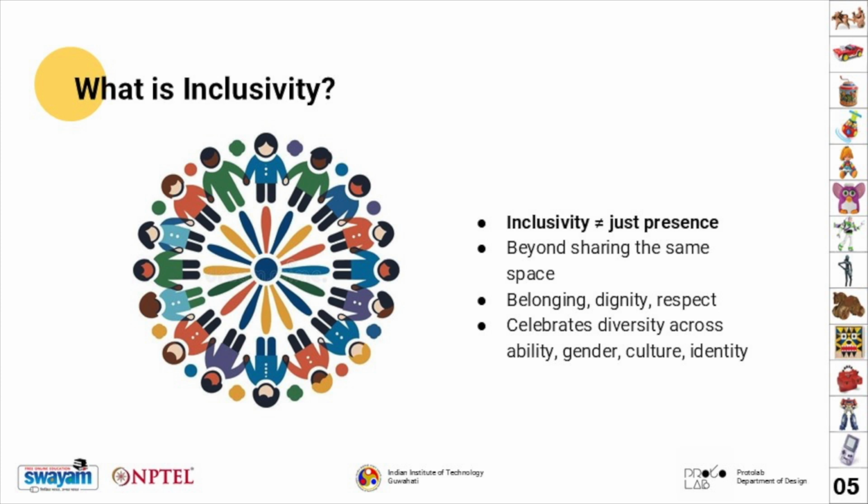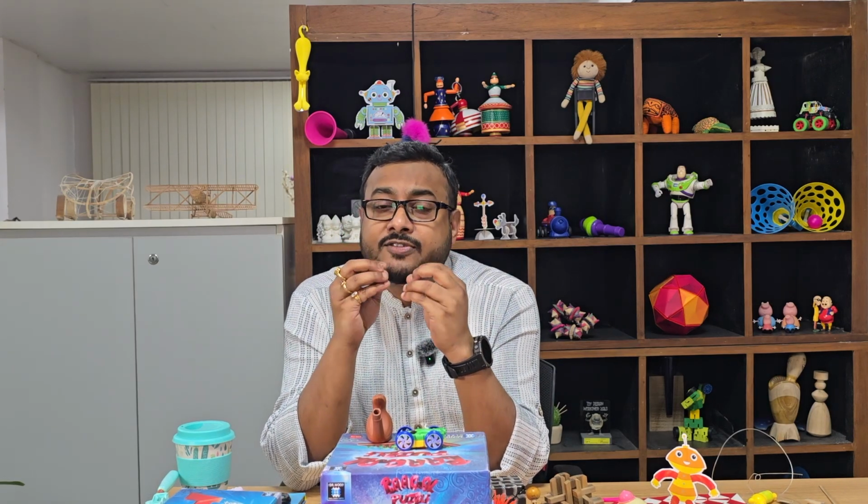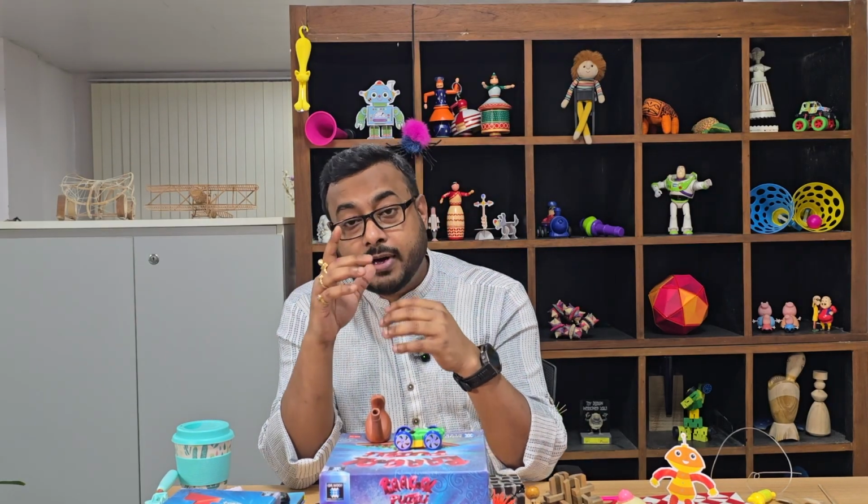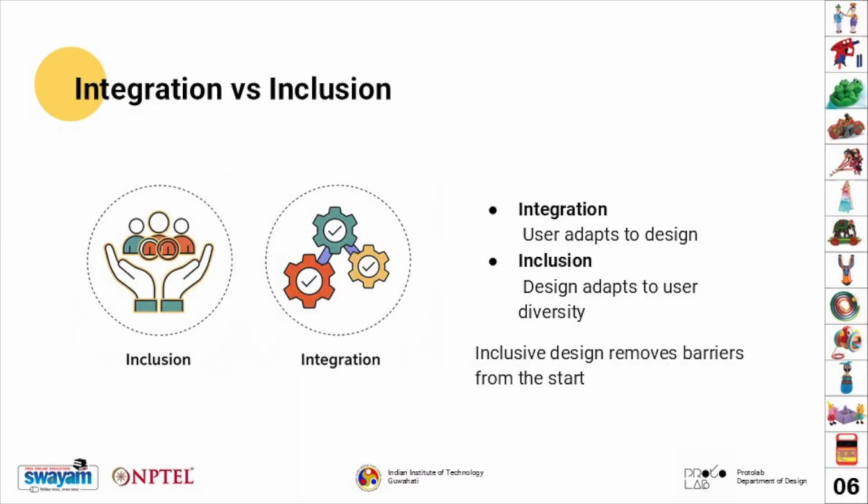Inclusive environments are designed so participation does not require permission or assistance. In toy design, inclusion means the toy welcomes different ways of playing, not separate versions, not alternative modes, but shared engagement. Inclusion is therefore an experience, not a feature.